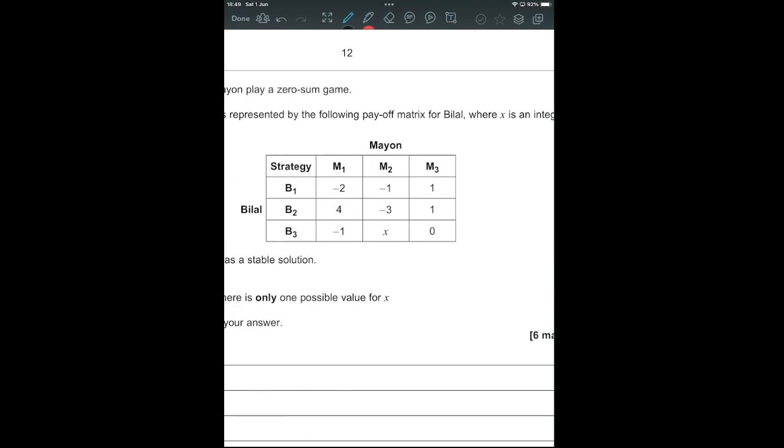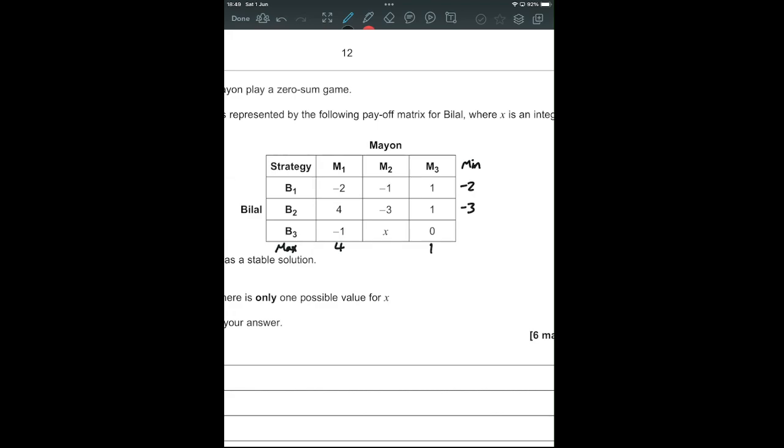So to play safe, we want the minimum of each for Bilal. It's -2, -3. And we don't know for the last one yet. We don't know, if the smallest is -1, x might be smaller. And then let's also consider the max over here for don't know and 1.